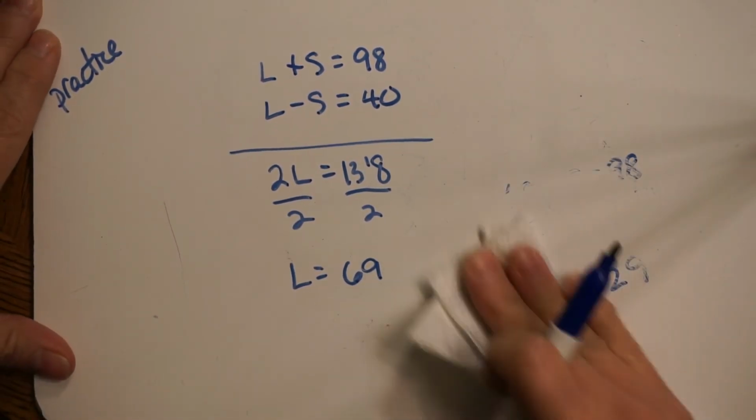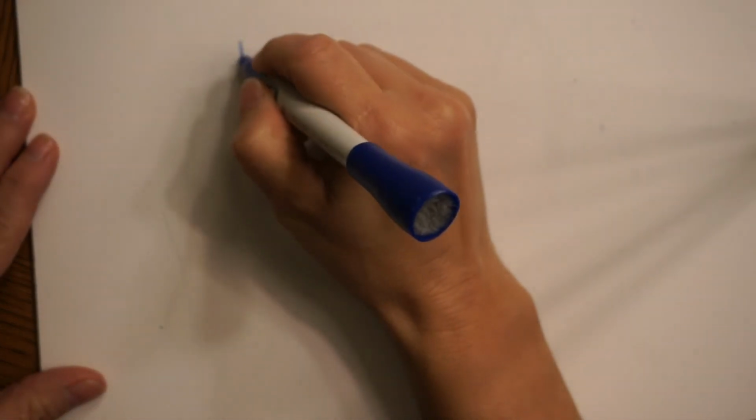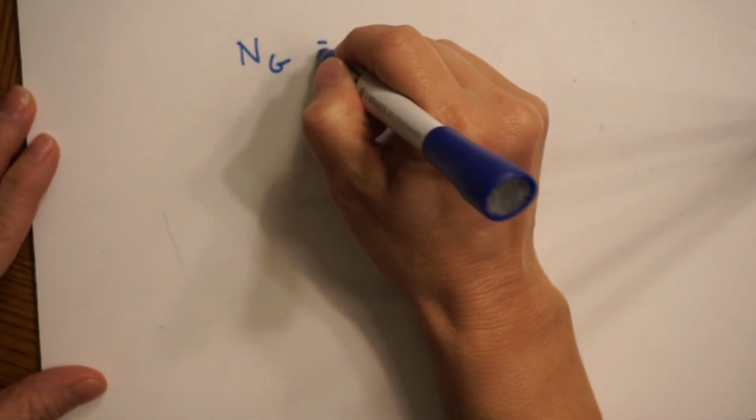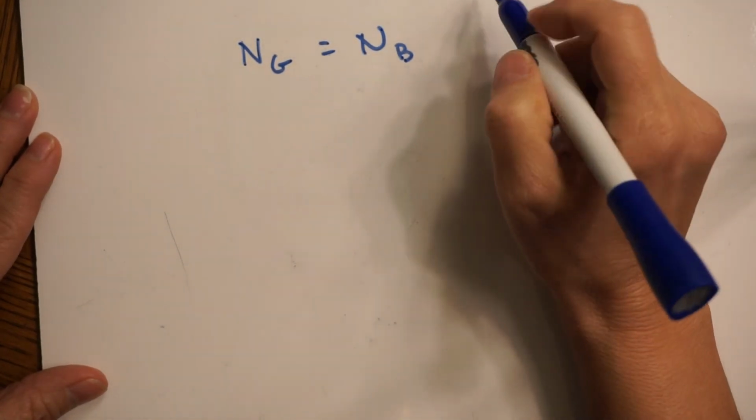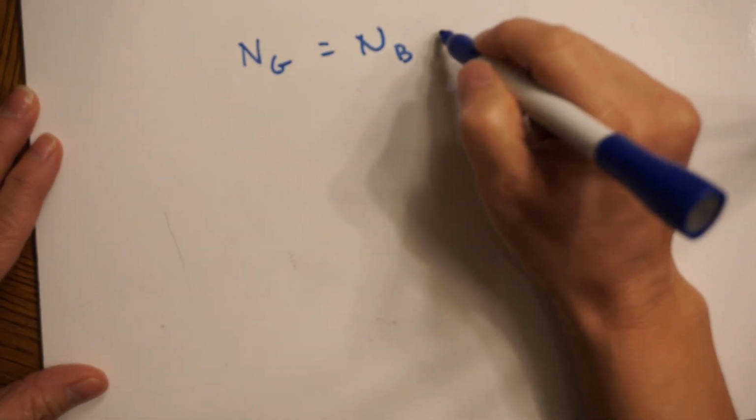Okay, now we'll do practice B. Practice B says the number of girls in Marvin's class exceeded the number of boys by 11. So again, there's more girls than boys. Okay, so because there's more girls than boys, we're going to have to add the 11 on this side.